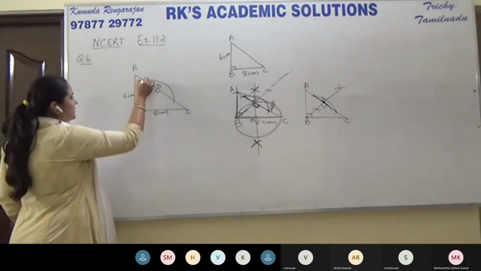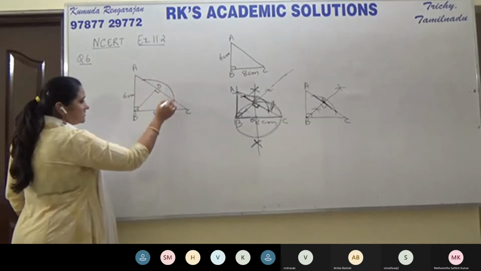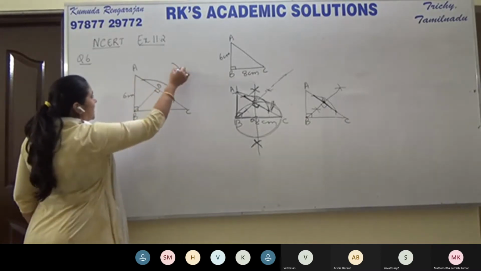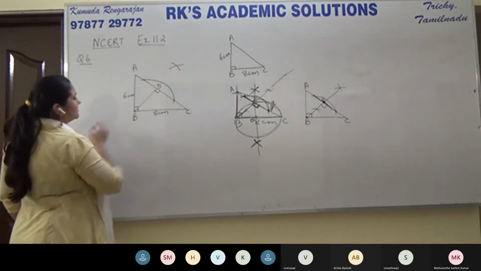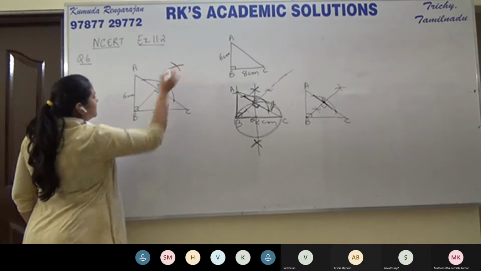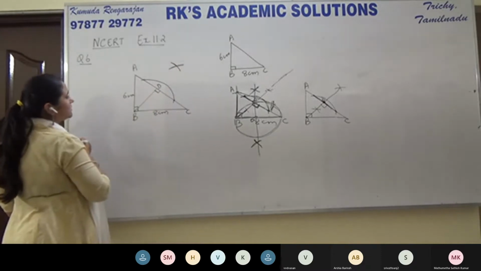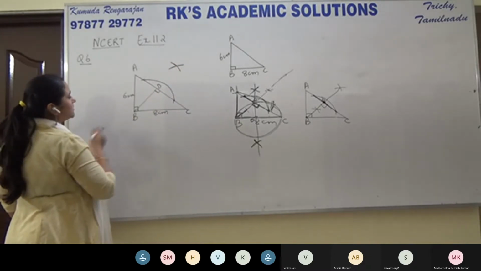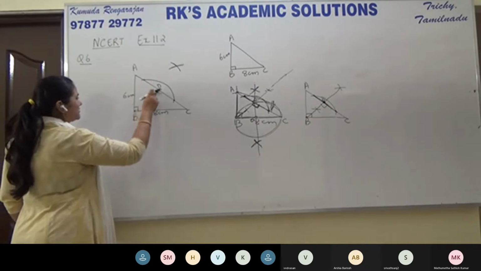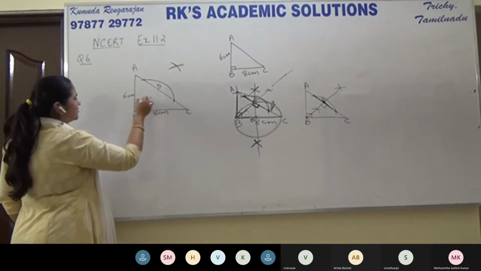Next, with these 2 points as centers, we draw an arc here and cut the earlier arc. That is, from here you draw this arc and from this point you cut the earlier arc. Now you can do the same thing, cutting 2 arcs on this side also. Again, whatever your teachers told you, you can draw the arcs here also.